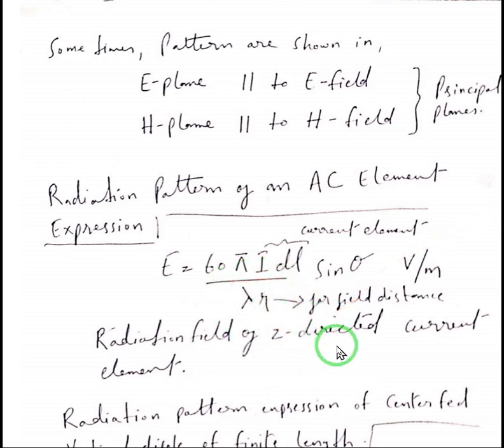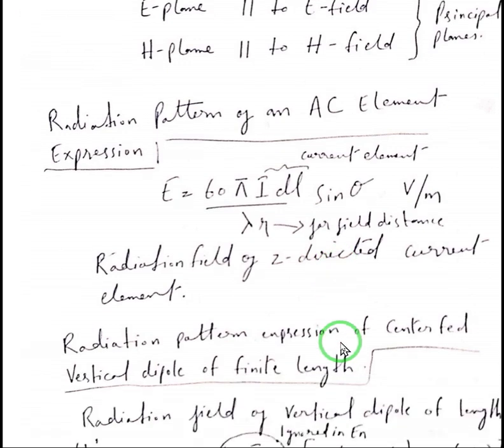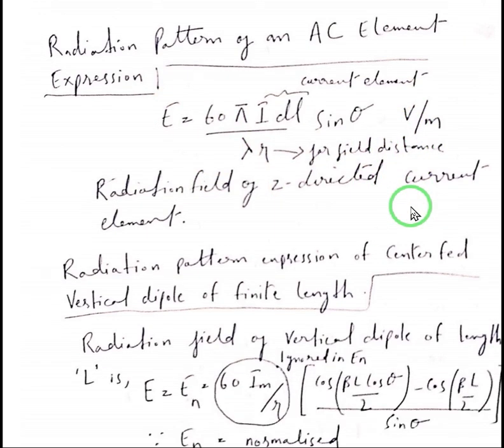That has been discussed in the last chapter also. That is defined as the radiation field of Z directed current element, and the unit is volt per meter.